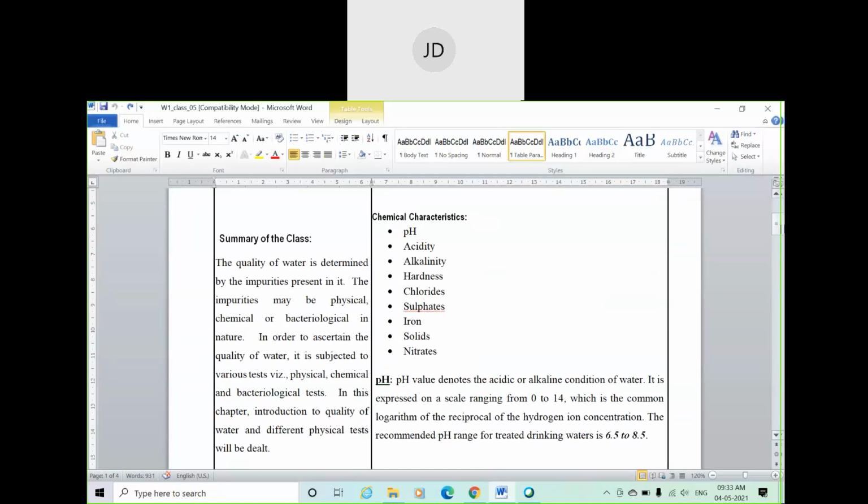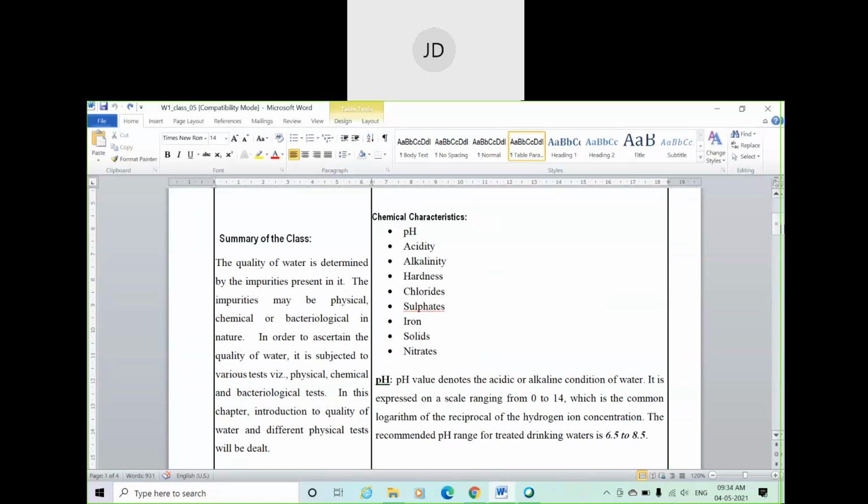So yeah, you can see a list of chemical characteristics of water. Okay, we're not going into a detailed discussion about all these things. I'm going to just give you an overview. I already told you the basic idea about chemical characteristics. It actually deals with the presence of dissolved minerals or dissolved substances in water.